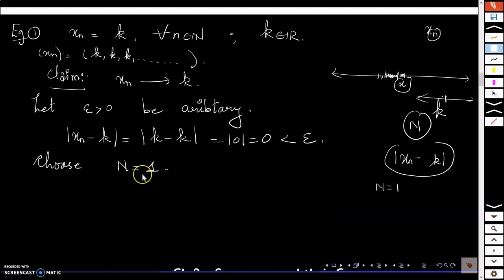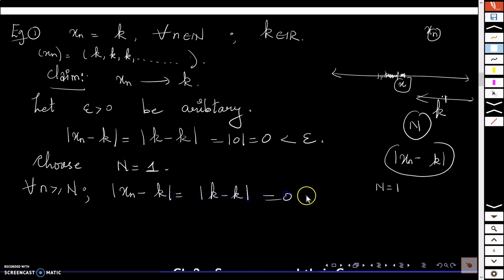So if I choose capital N equal to 1, then for all natural numbers n which are bigger than or equal to 1, this difference xn minus k is nothing but k minus k, which is 0 and which is less than epsilon. So we have found a stage capital N such that whenever you take terms after this capital N, the difference between xn and k is less than epsilon, right?